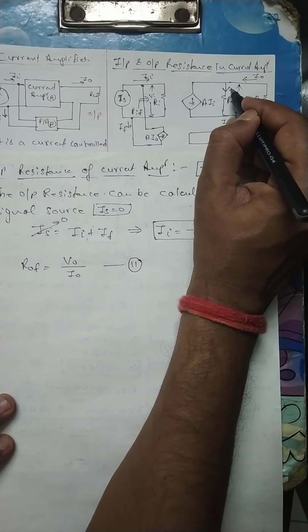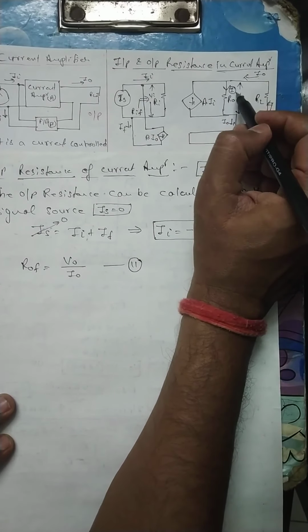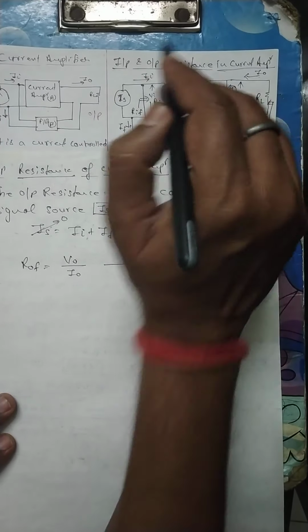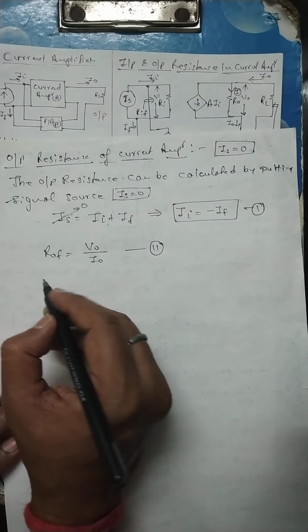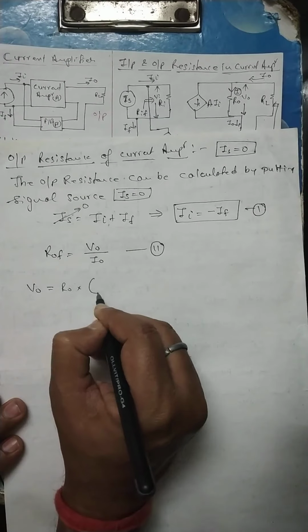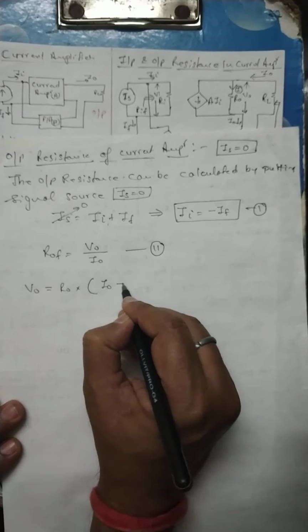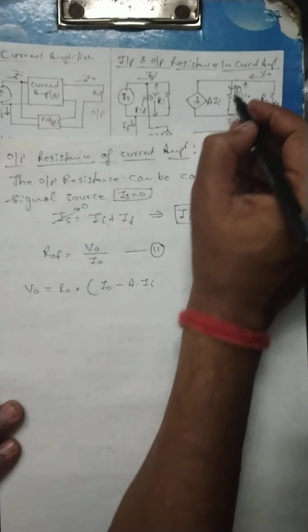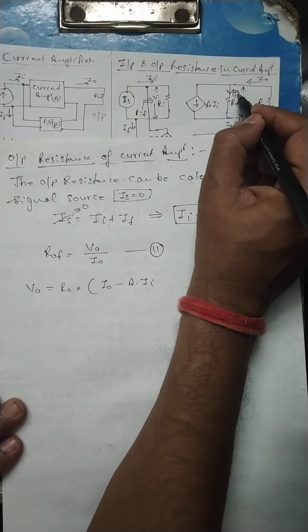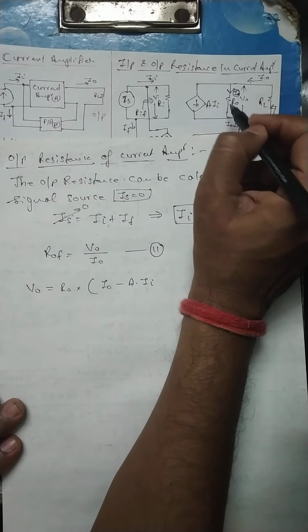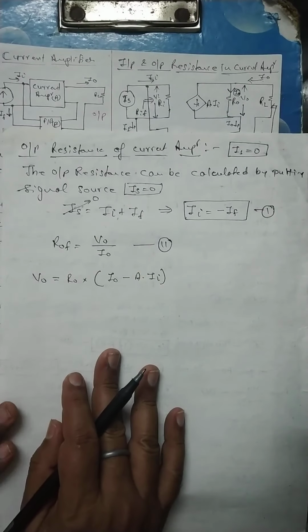And the value of this current is the current flowing through this branch minus this current. So V0 is equal to R0 into I0 minus A into II. The net current is I0 minus A into II, which flows over this branch. So this is the value of V0.